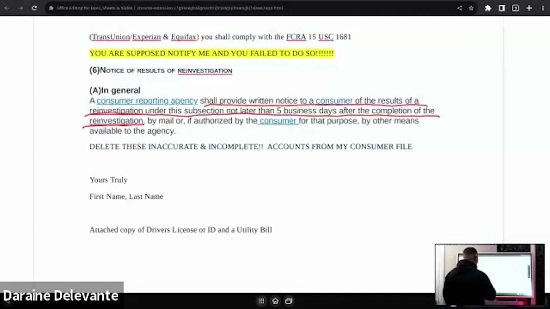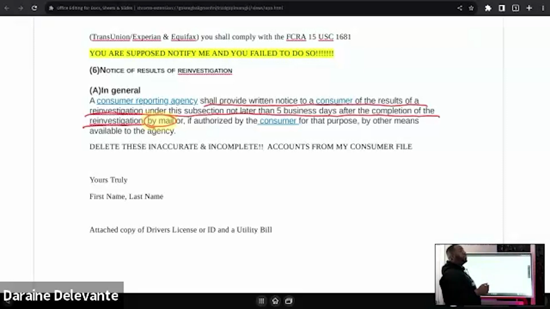So if there was a reinvestigation, guys, within 5 days, you are supposed to be notified, right? And you're supposed to be notified by mail, or if you authorize them to notify you by any other means. Guys, I want you to stick to this. Stick to this. By mail. Stick to this. All right? Do not give them any authority to email you.